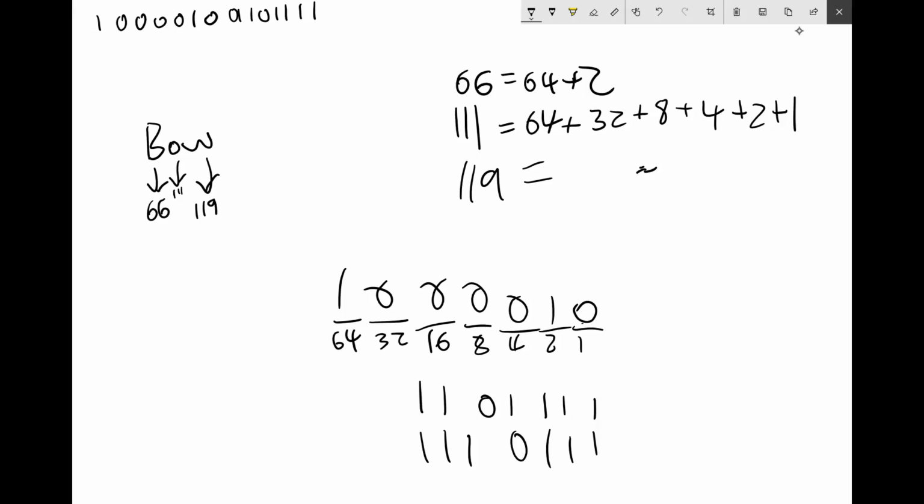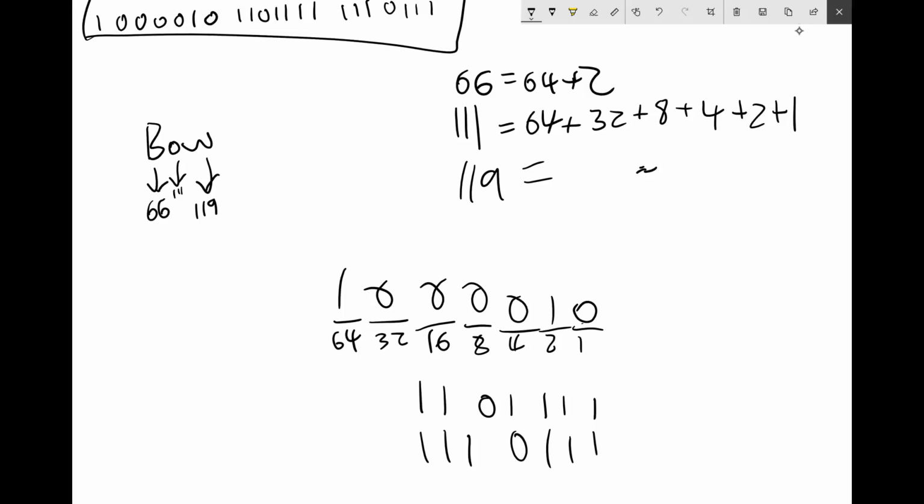Actually, we don't even need to do that because ASCII is in fact 7-bit. So now we have our next one, which is 1110111. So that right there is bow in binary.